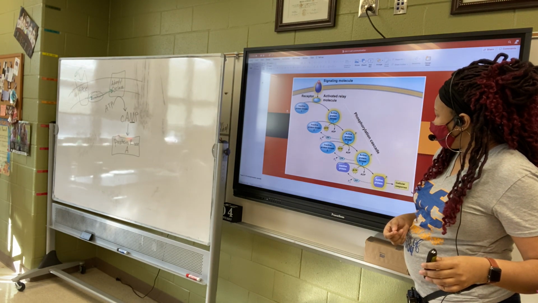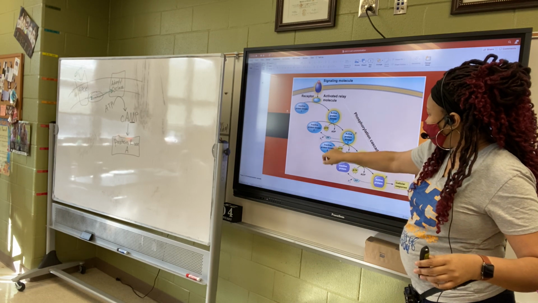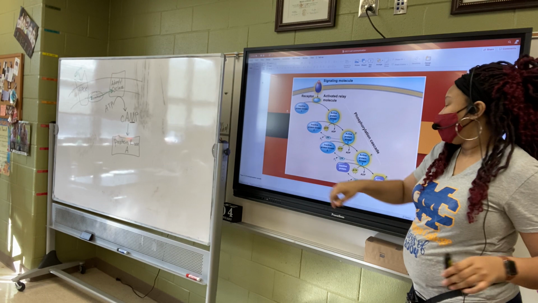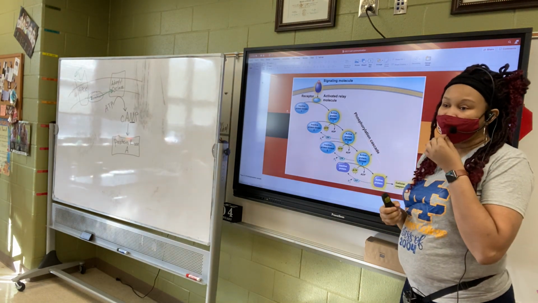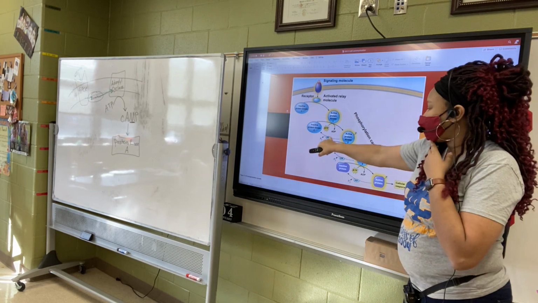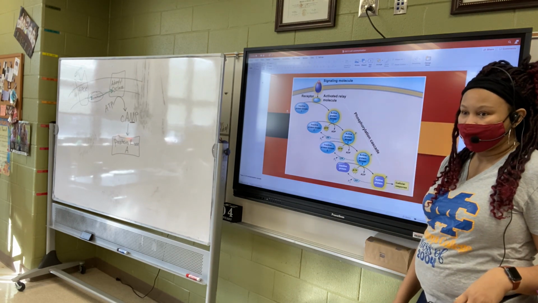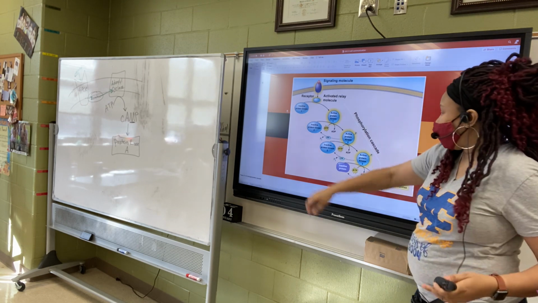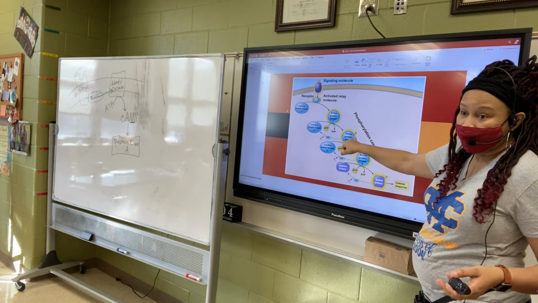Protein phosphatase is a totally different enzyme. Okay? A protein phosphatase removes a phosphate group from a protein. That's what the little PP is. Protein phosphatase. It's what removes the phosphate group from a protein. Okay.